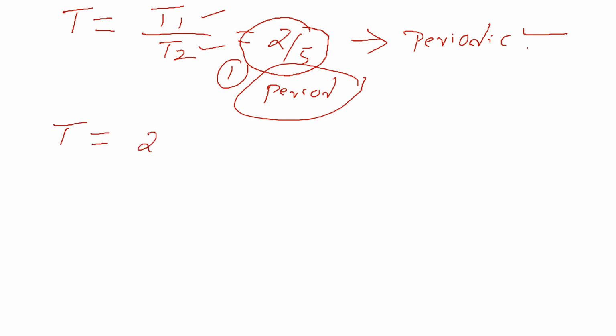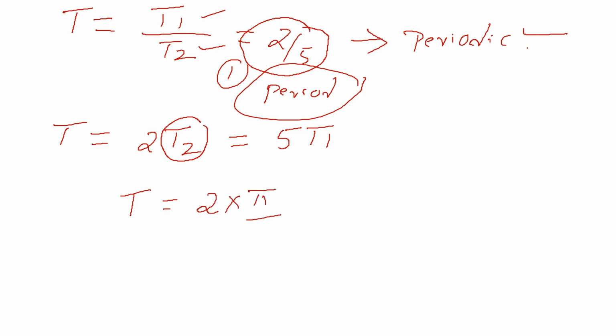T is equal to 2 into t2 is equal to 5 into t1. But what is t2? Check it out: t2 is nothing but pi by 2, and hence capital T I can write as 2 into pi by 2. You can use the value of t1 also if you want; you will get the same value. So the new period of this combined signal is nothing but pi.